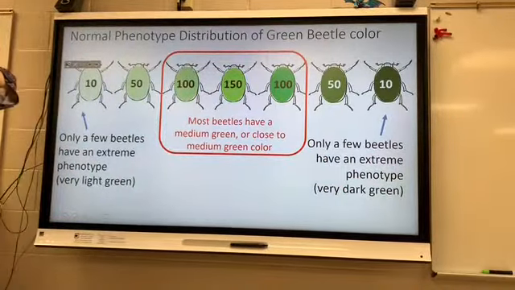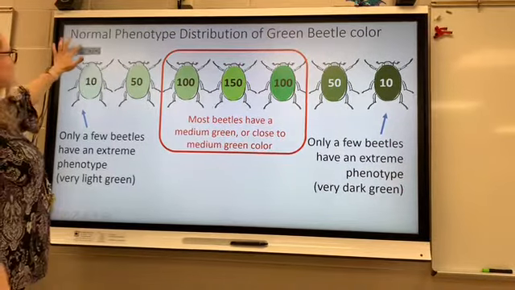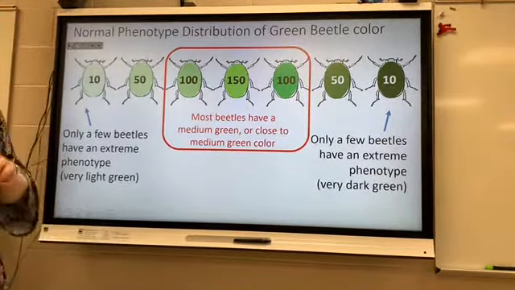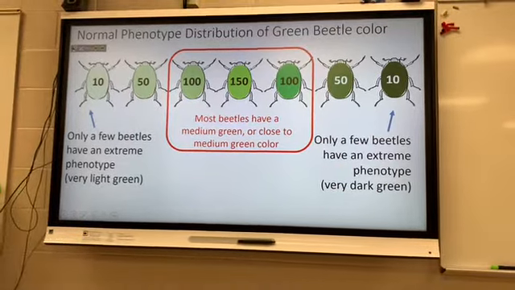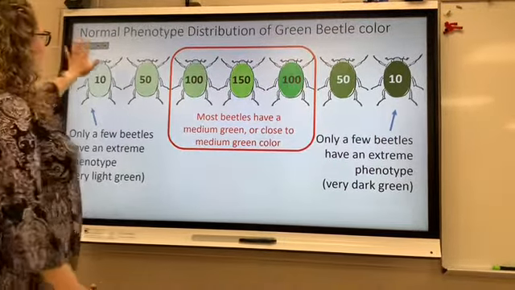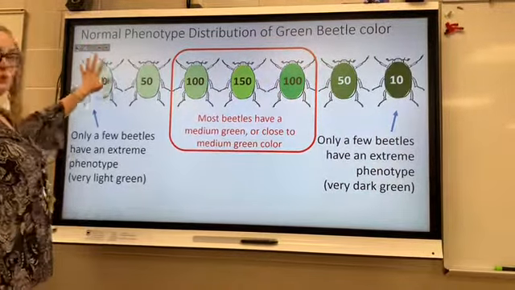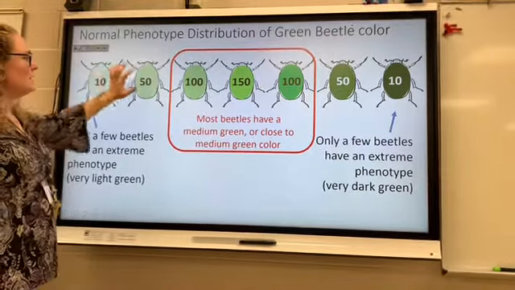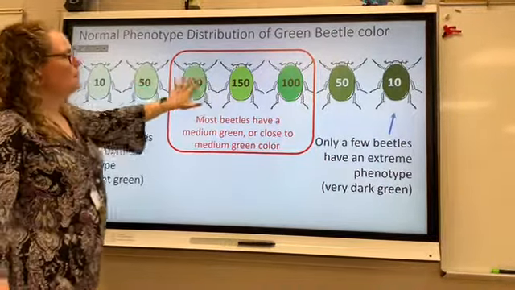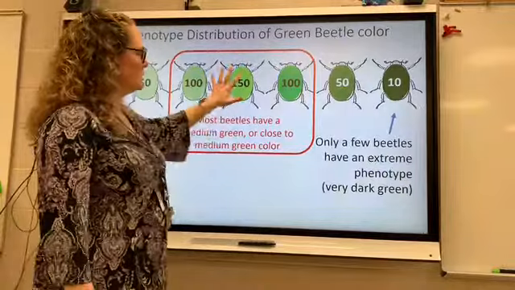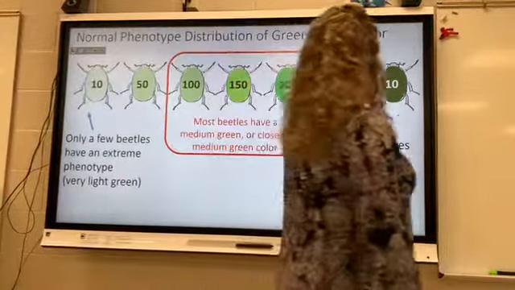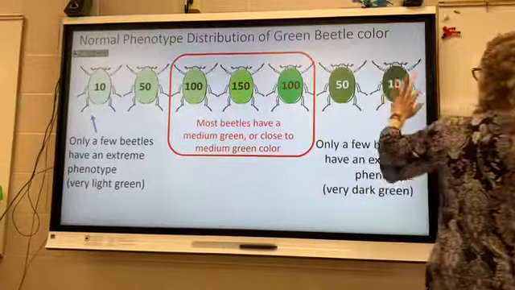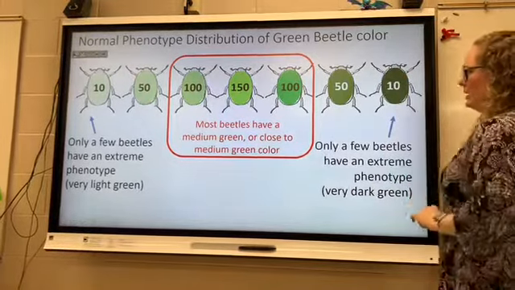All right, so we're going to go through some examples. Normal phenotype distribution of beetle color. So we have super light green beetles, a slightly darker, medium green shade of beetle, and then a dark green, and then the super dark green beetle, okay?